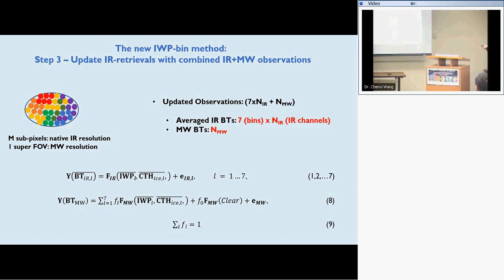We have the average infrared brightness temperature for the 7 bins and the IR channels, and the microwave observation for the whole domain, and we can write the closed equations like this. The first is the infrared equation for each of the bins, and the other is microwave. The whole-domain observation is a combination of each part. Knowing the fraction of each part from infrared, we have this equation, and the total fraction is equal to 1.